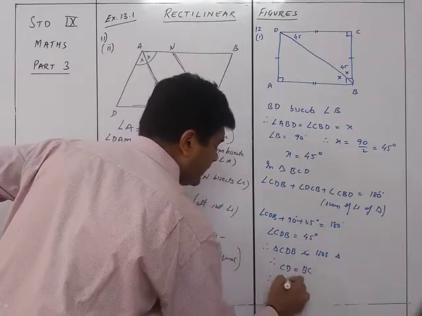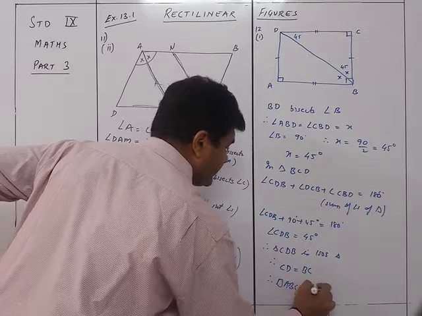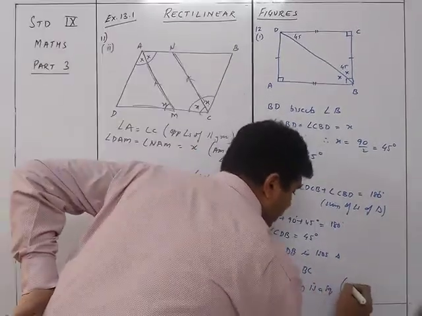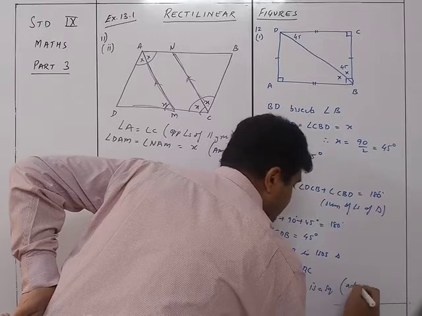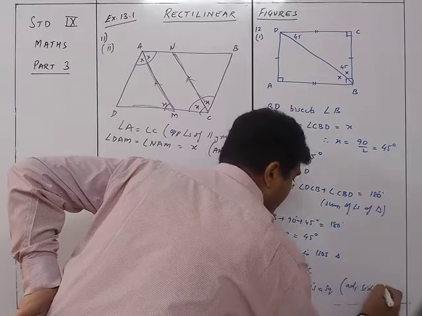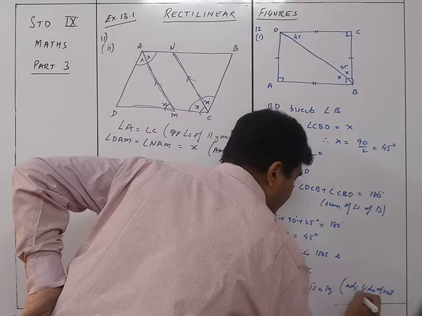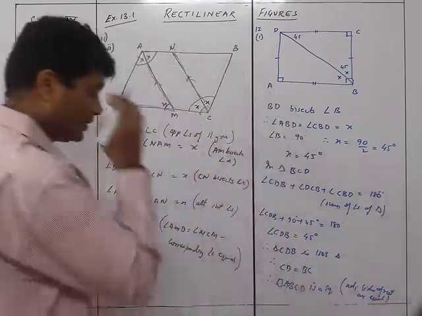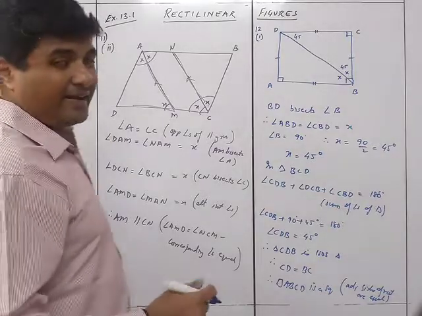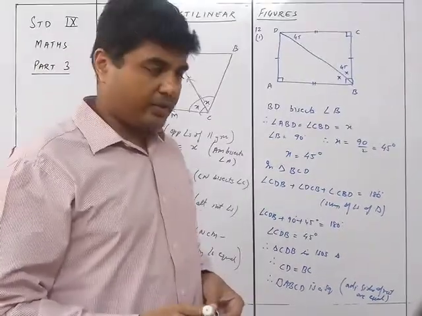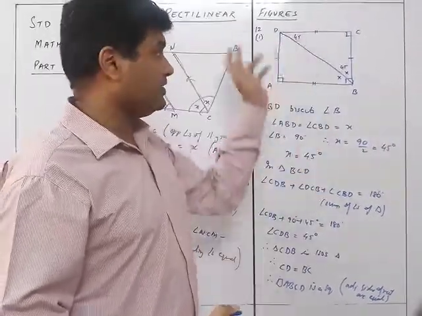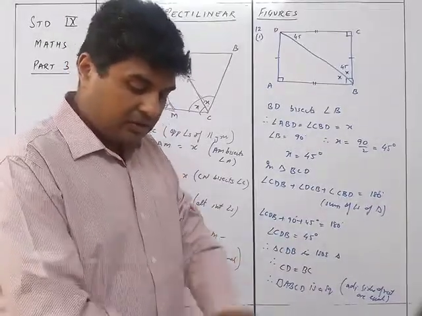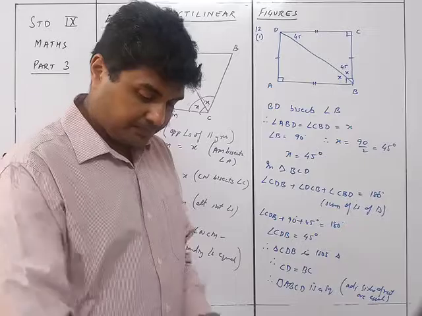Therefore, quadrilateral ABCD is a square as adjacent sides of rectangle are equal. If the adjacent sides of the rectangle are equal, then the rectangle is a square because already opposite sides are equal. So all sides are equal, right? So that was sum number 12, the first.